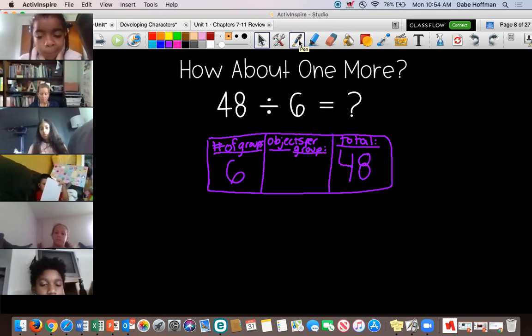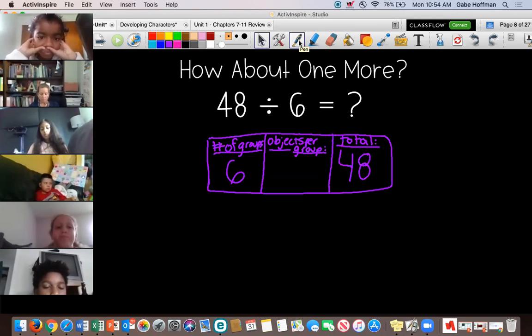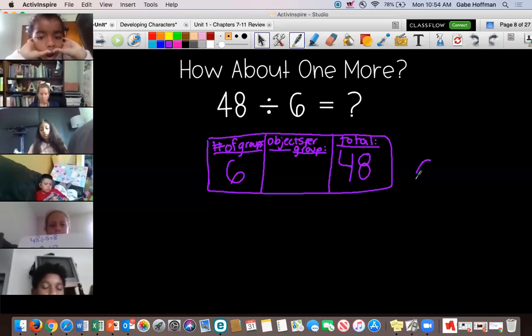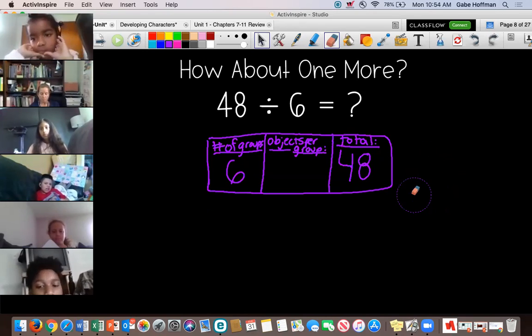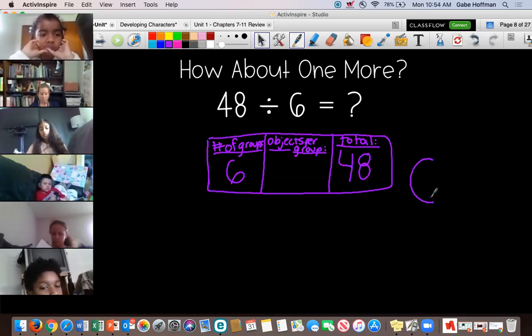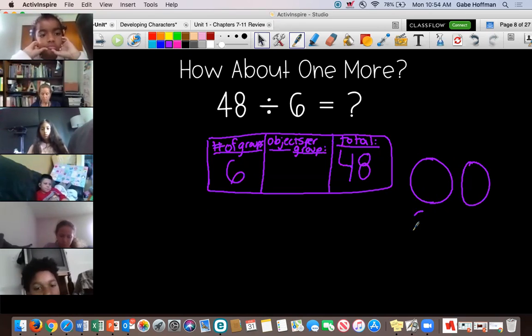Somebody besides CJ, if CJ already knows if he's starting with 6 groups, what is CJ trying to figure out to get the quotient? What is CJ trying to figure out? What's the quotient? What's he trying to figure out? If he knows there's 48 total and he has 6 groups, what's he trying to figure out, y'all?